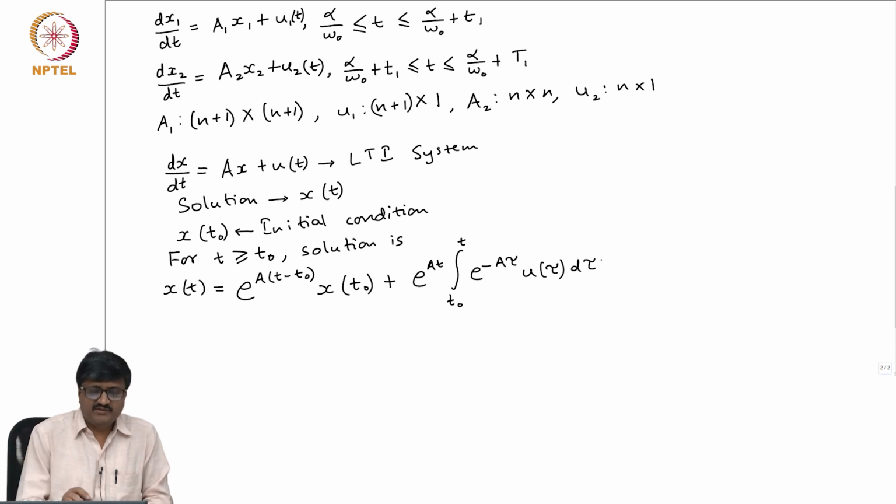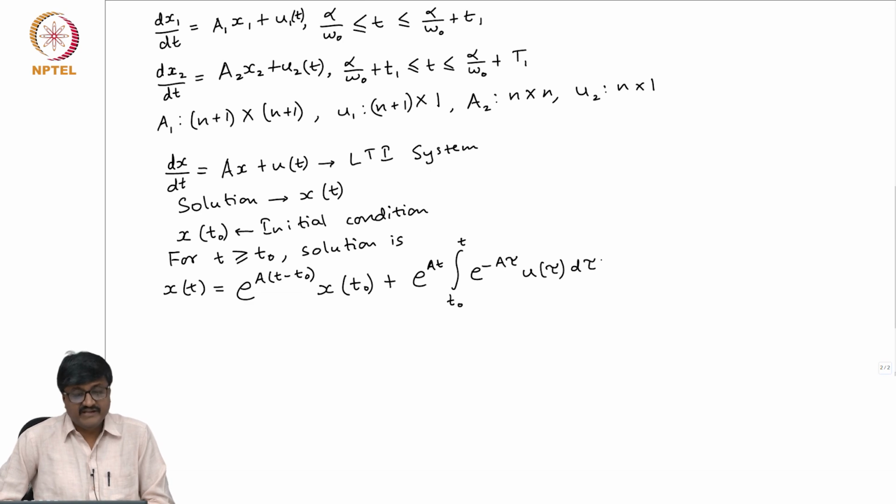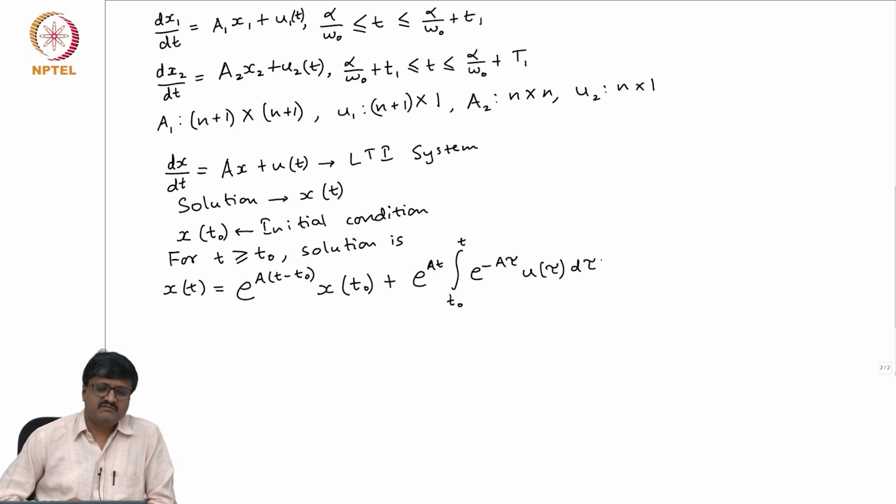So, this is the solution of the equation dx by dt equal to Ax plus u of t. Now, can we get the solution of equations 1 and 2?